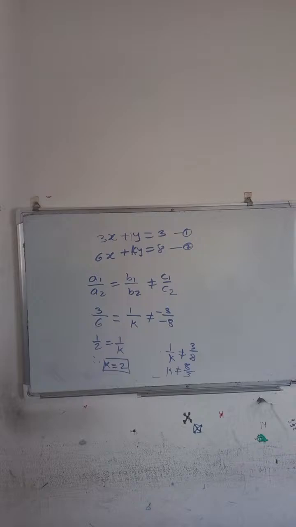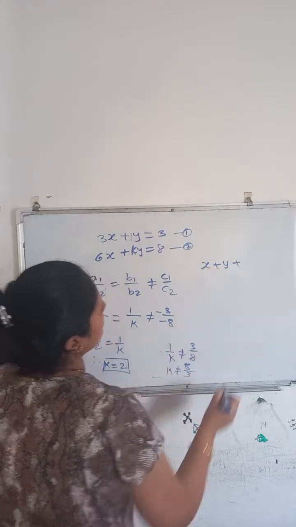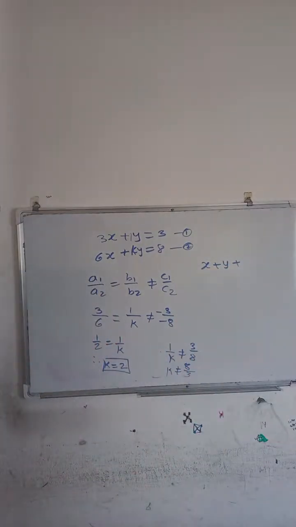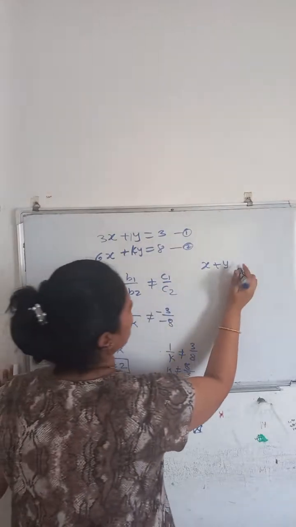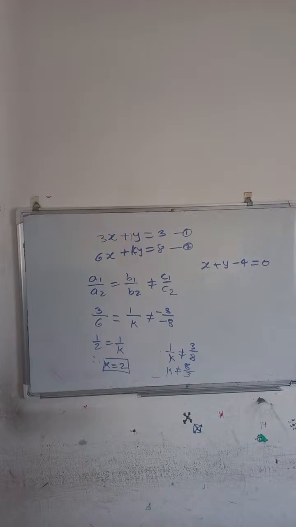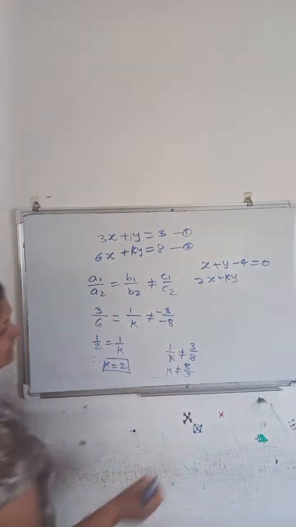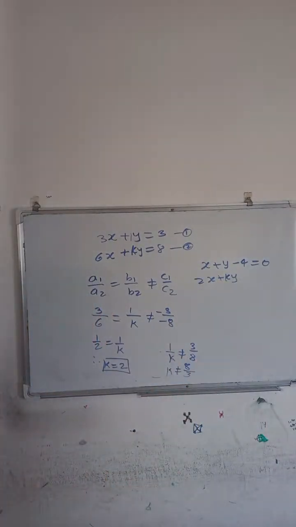Okay, now see, in the same heading for the same no solution, I will give you one more question that you can solve and tell me the answer. We have x plus y minus 4 is equal to 0, and another is 2x plus ky is equal to 3.